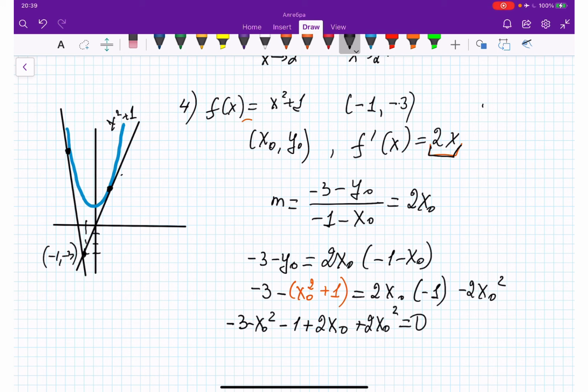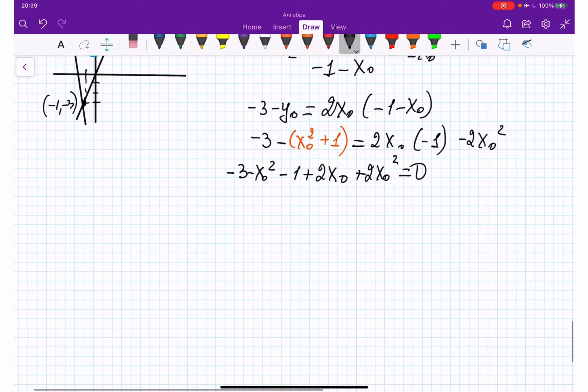So basically everything I move to the left so I can solve it, and we have x0 squared plus 2x0 minus 4, right? And this is equal to 0.